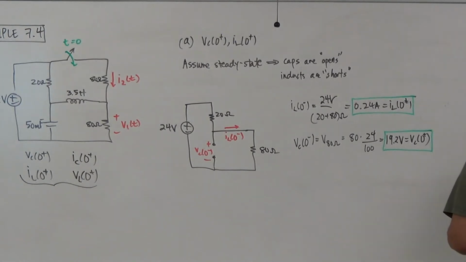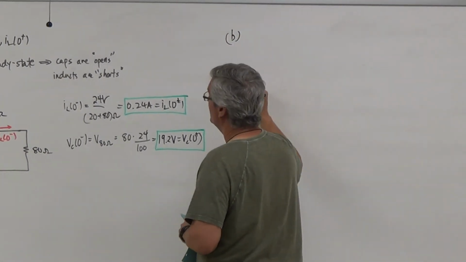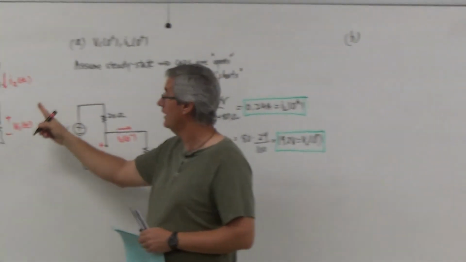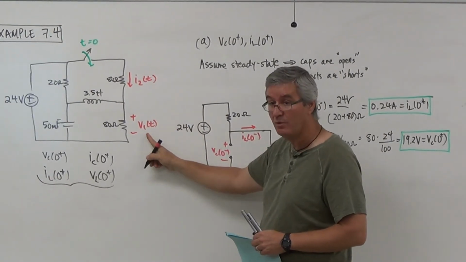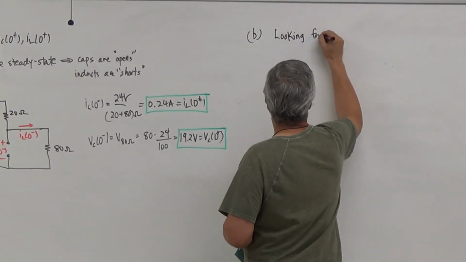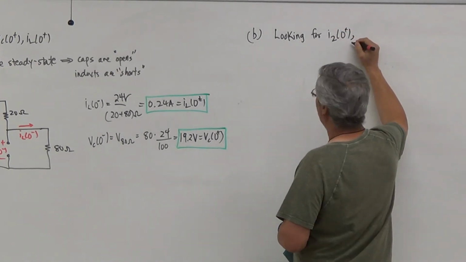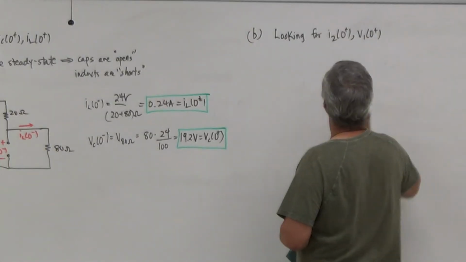Now, here I come, and I think this is tricky. When I look at this now, I'm looking at B, and what we're really looking for is I2 at 0 plus and V1 at 0 plus.